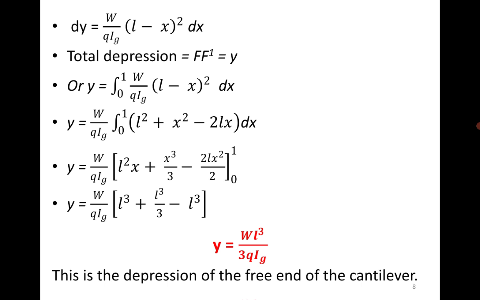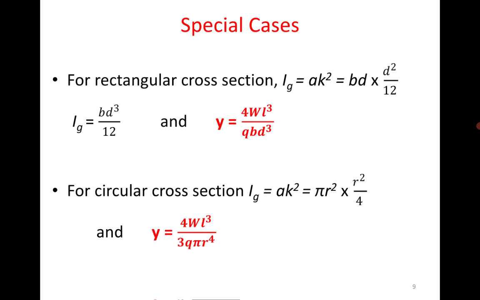Then let us discuss the special cases for rectangular cross section and circular cross section. For rectangular cross section, we have Ig is equal to AK square, where A is the area of the rectangular cross section and K square is the square of the radius of gyration.